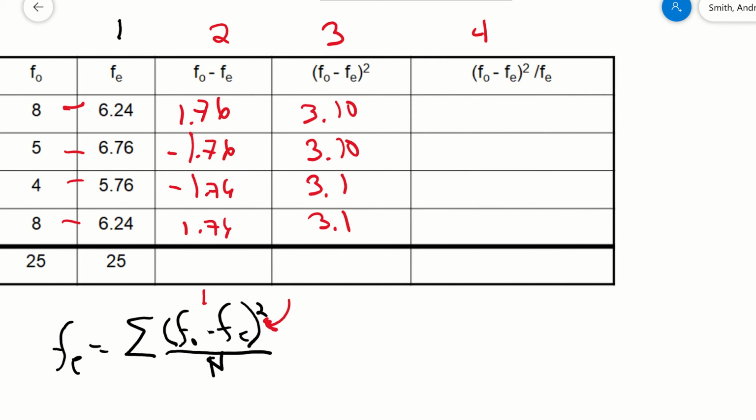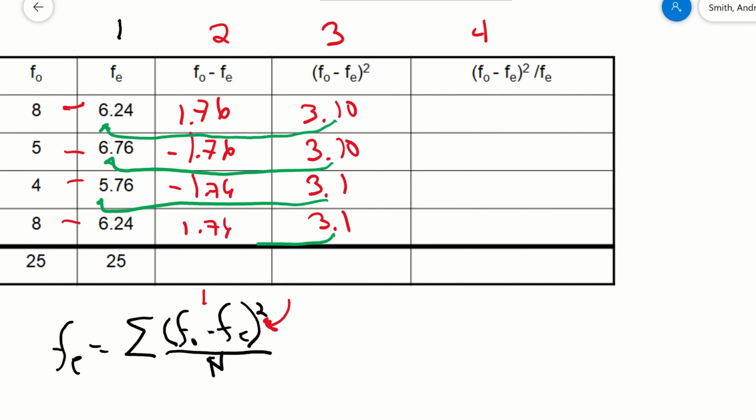Now we're at step number 4. And step number 4 says, hey, we need to divide this by F expected. So for each one of these, we're going to divide it by its individual F expected. For this one, we divide it by this F expected. For this one, we divide it by this F expected, right? And so on, right?